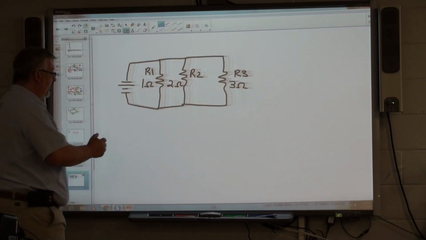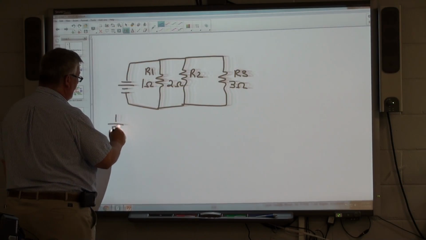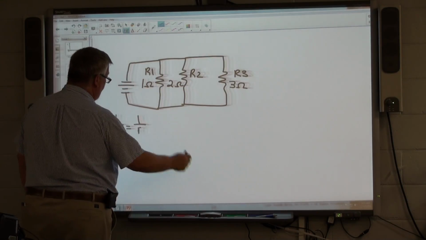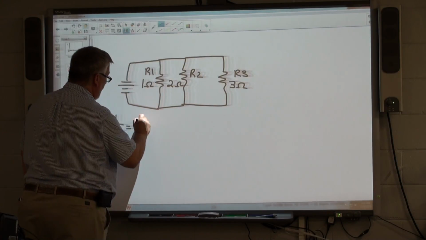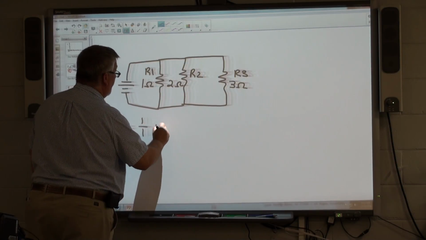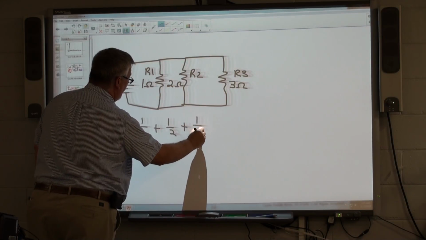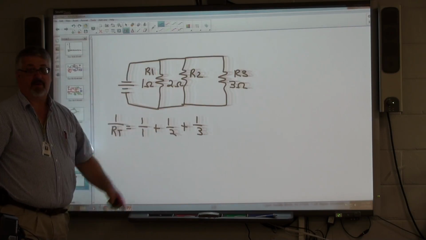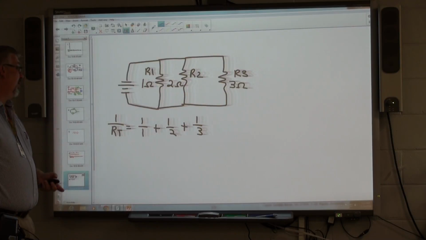So let's do the 1 over RT first. 1 over RT equals 1 over R1, which is 1, right? Plus 1 over 2 plus 1 over 3. So that formula is 1 over R1, R2, and R3, and they just happen to be 1, 2, and 3 respectively here.